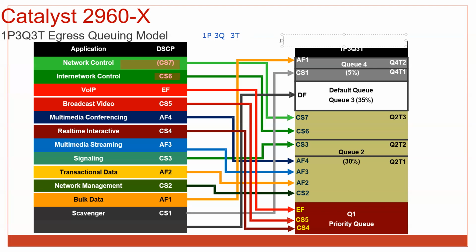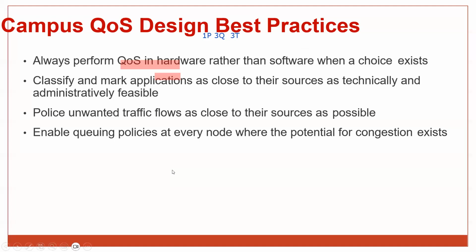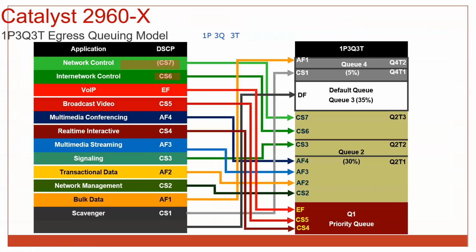Now if you see here the network control and the CS6, what are these? CS6 and CS7, class selector 6 and 7. If you see CS6 and 7, they are at the bottom. They have very high precedence, DSCP 48 and 56, right? They are something that you have to give high priority.